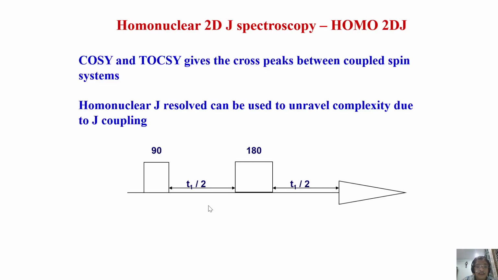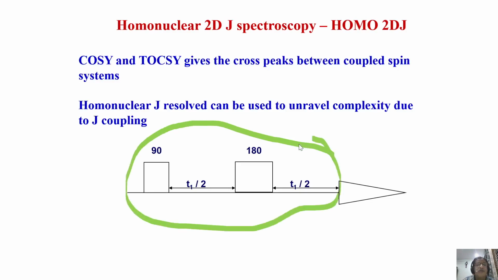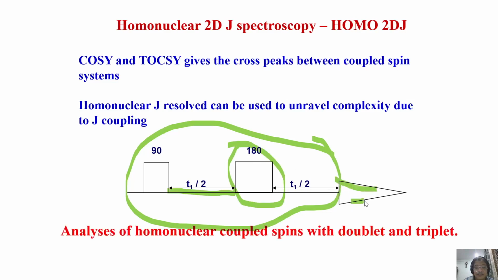In this case, it is simple, like a spin echo sequence. How the spin vectors behave, we understood by vector diagram long back. This is the pulse sequence. You have a 90-degree pulse, and then a time delay t1 by 2. At the middle of the t1 period, you apply a 180 pulse, and then after the t1 period, you start collecting the signal. So this is a simple homonuclear 2D J-resolved spectrum.